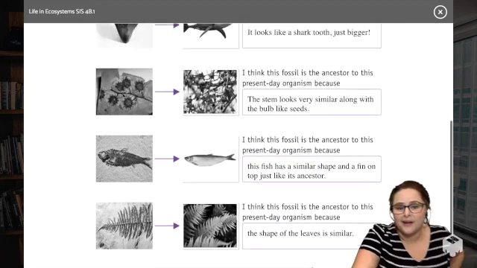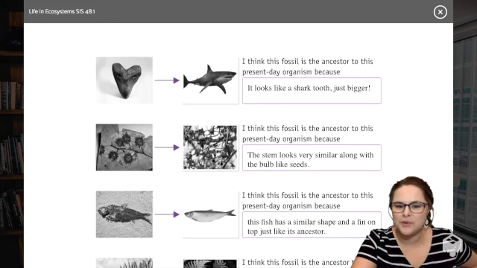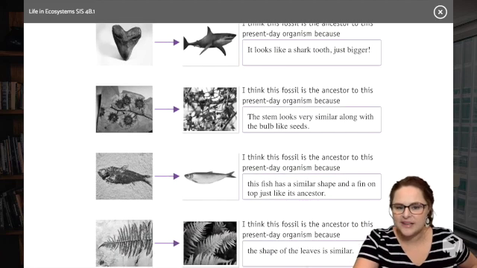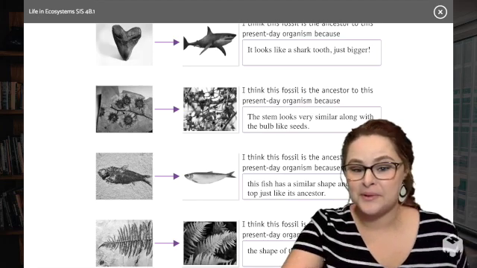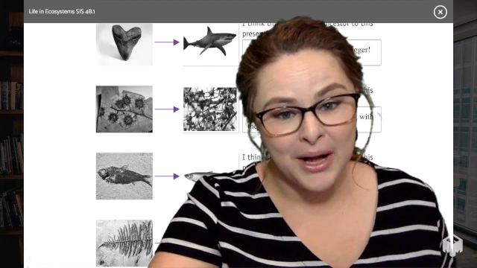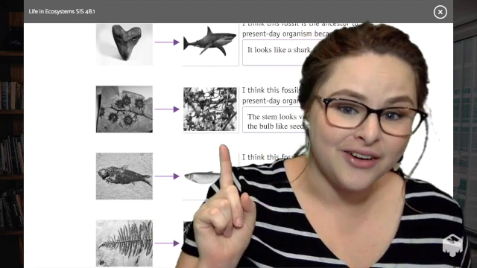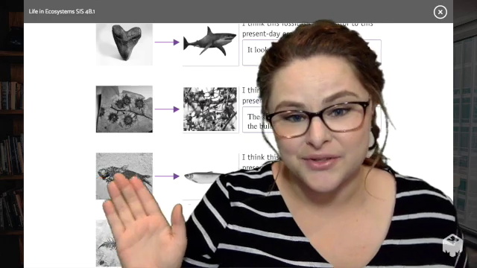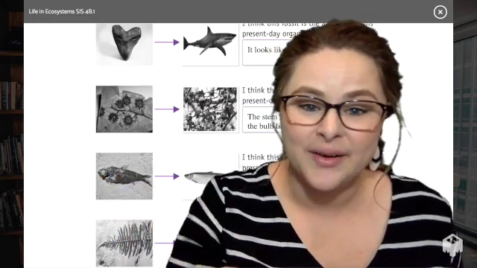So, we have noticed that these fossils are very similar to what we might see in each one of these new present-day organisms. So we have talked about some important characteristics from older fossils to their newer, younger versions of themselves. These would be the ancestors over here to the present-day organisms that we see now.